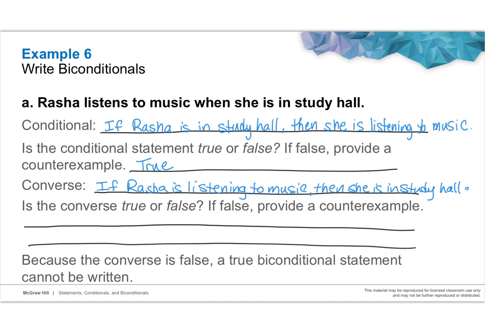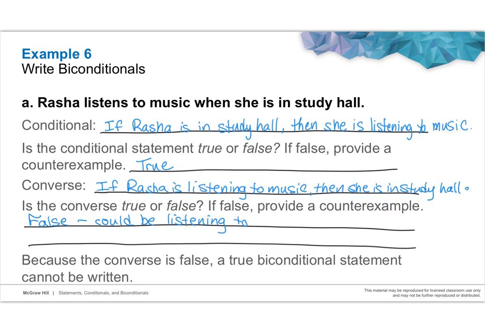Is the converse true or false? Well, in this case, I hope you would agree that it could be false because just because she's listening to music doesn't mean that she is necessarily in study hall, and you can just provide a different location to be listening to music. So could be listening elsewhere.